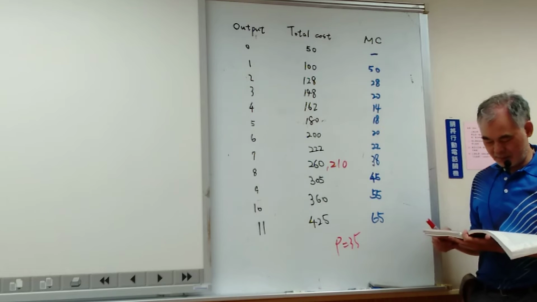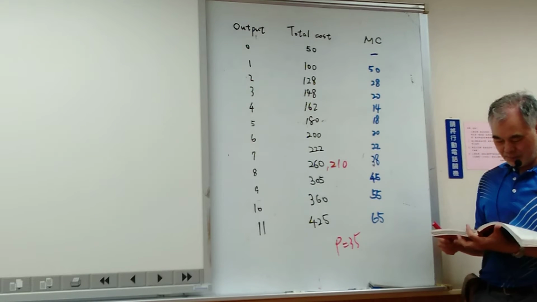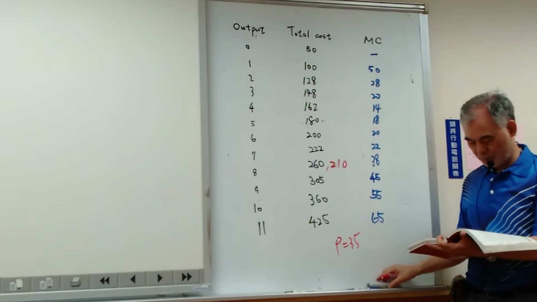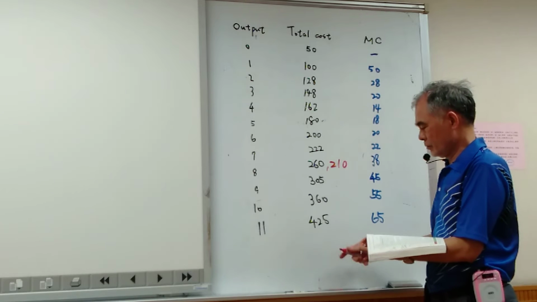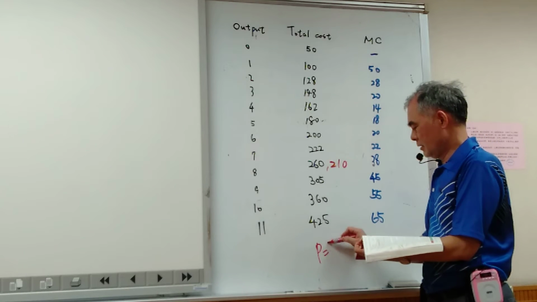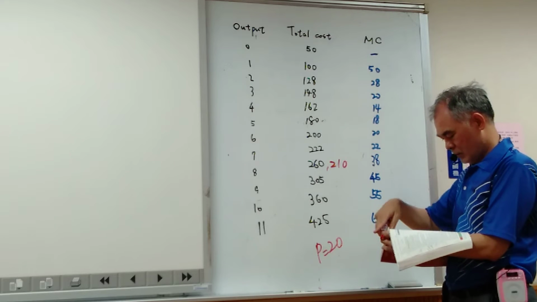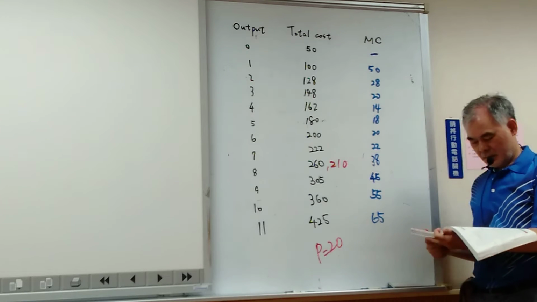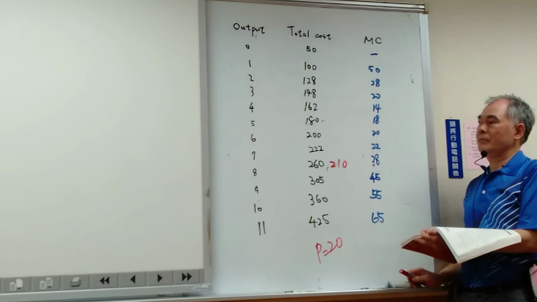Assuming a perfectly competitive industry, what is the firm's profit maximizing output if demand declines further and causes the price to fall to 20? Okay. So now the price is equal to 20. P is equal to 20. If price is equal to 20, what happened?